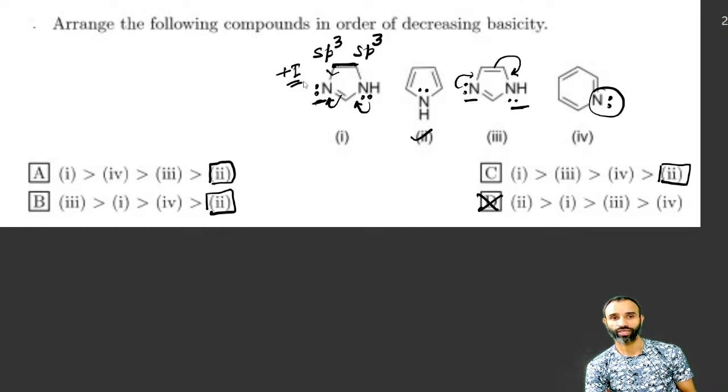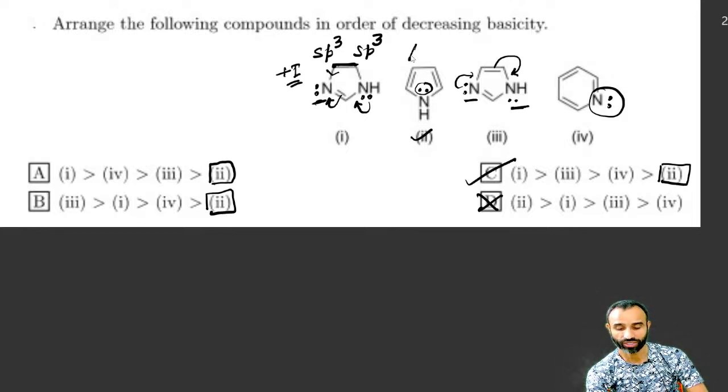So that's why it should be option C. First, third, fourth, and least is second. Because this lone pair is a part of the pi electron cloud, and that makes it aromatic. So that is least probable to donate.